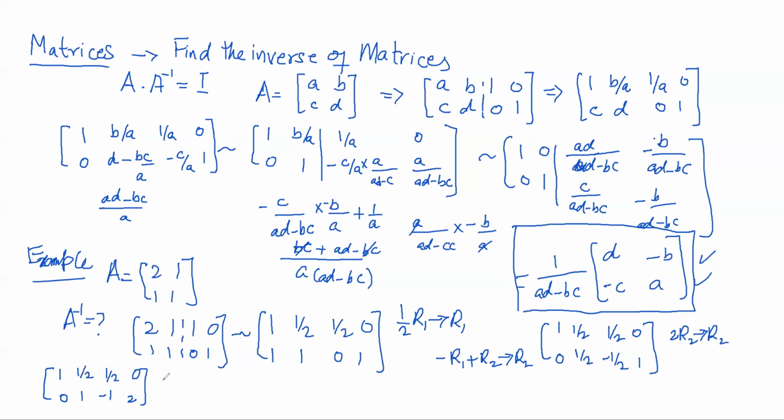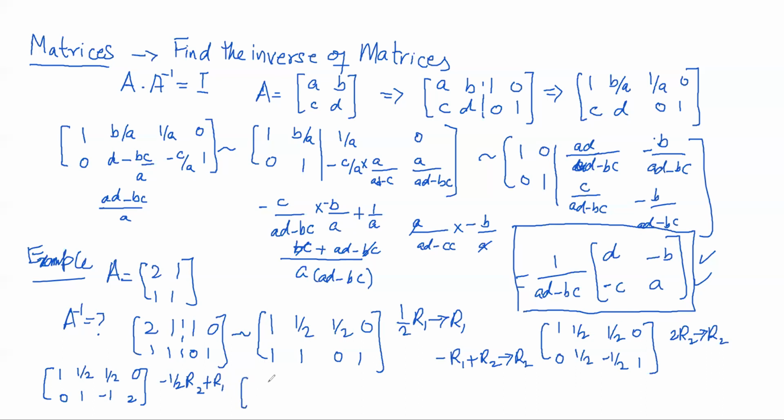So for this, what will be the row operation? Minus 1 by 2 row 2. Okay, so it will be minus 1 by 2 row 2 plus row 1. Okay, this will be the row operation.